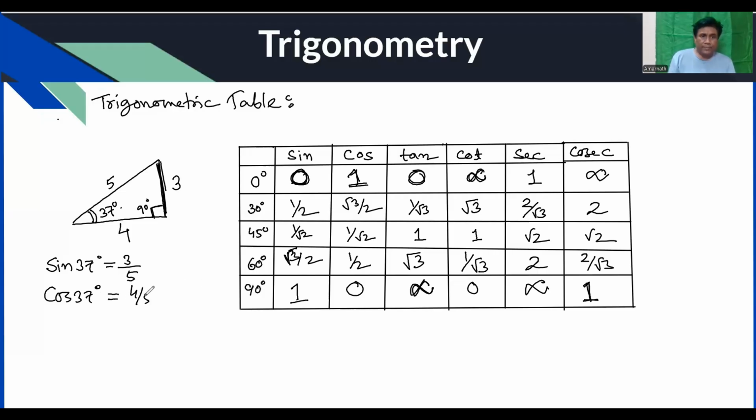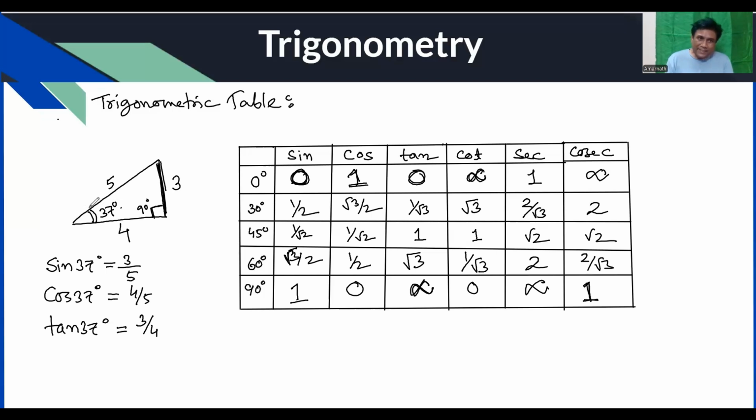Very good. Can you say what is tan 37? Tan means perpendicular by base, so 3 by 4. Are you getting it?